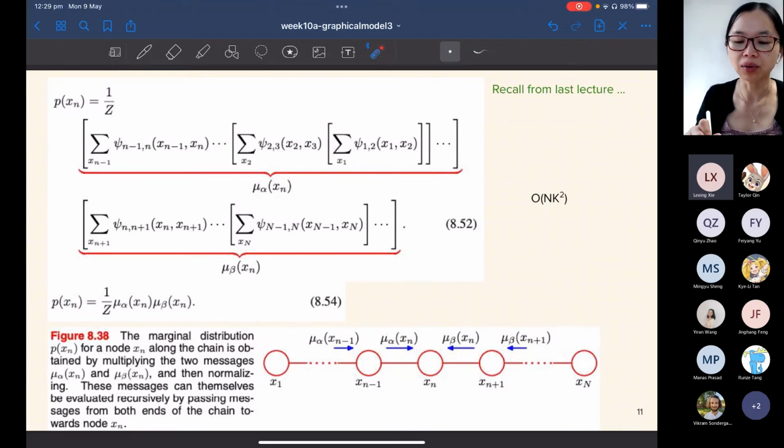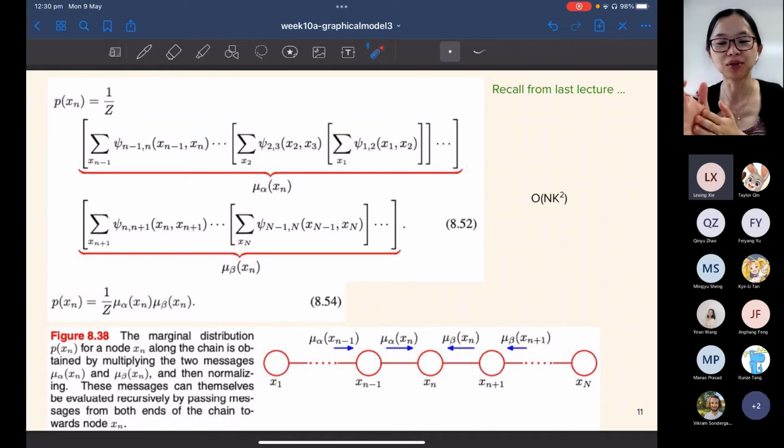Mu of alpha and mu of beta are computed recursively. They also represent a marginalization of potential functions over different variables, where we shift where we do the sum in order to be computationally efficient.